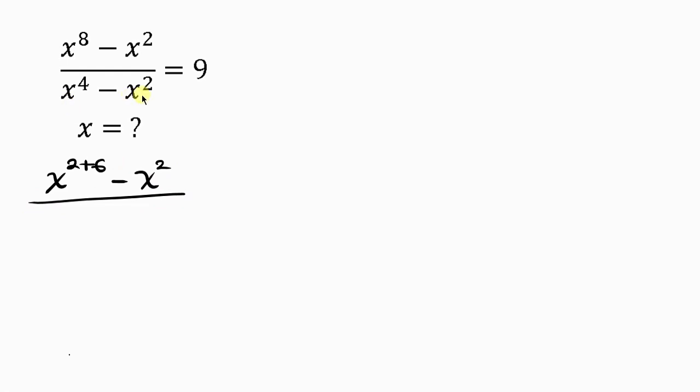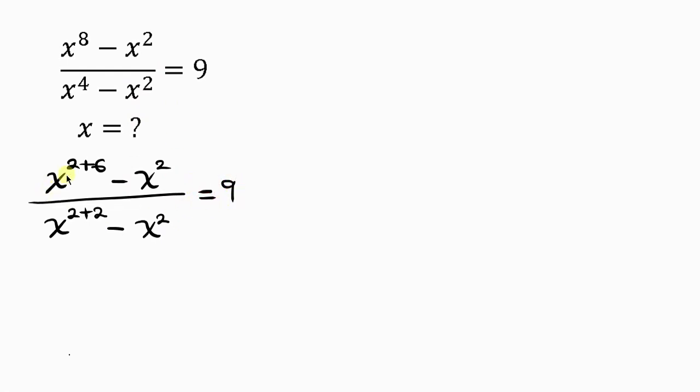Now the denominator, you notice that x squared is also common. So that means x to the 4th is the same as x to the 2 plus 2, now minus x squared. And this is equal to 9.